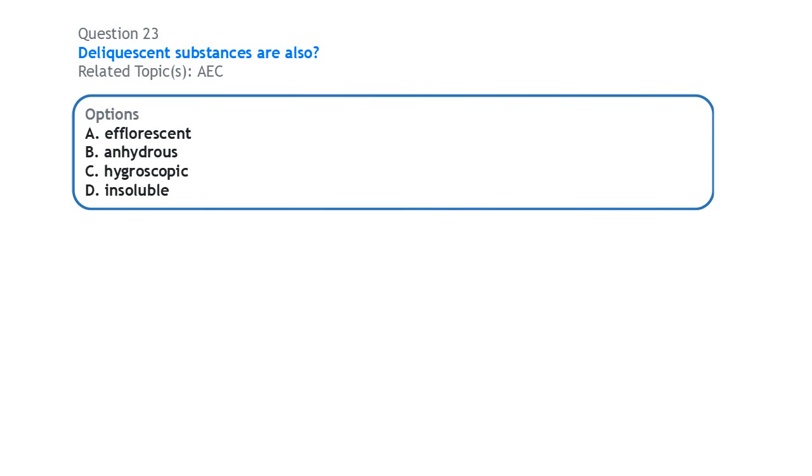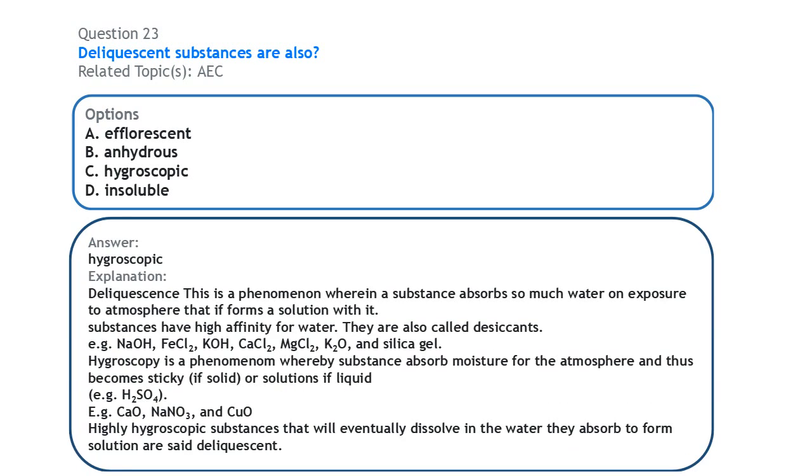Next, the deliquescent substances are also said to be hygroscopic. Deliquescence is a phenomenon where a substance absorbs water or moisture when it is exposed to the atmosphere, and then it forms a solution with it.